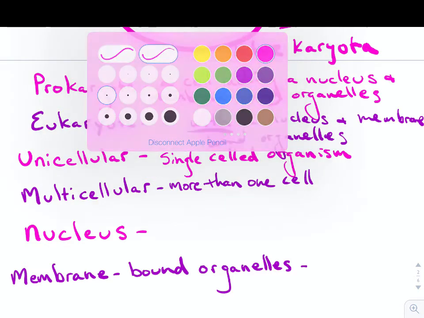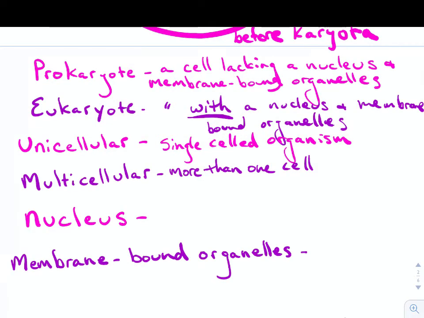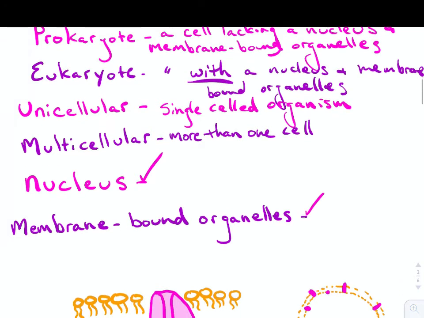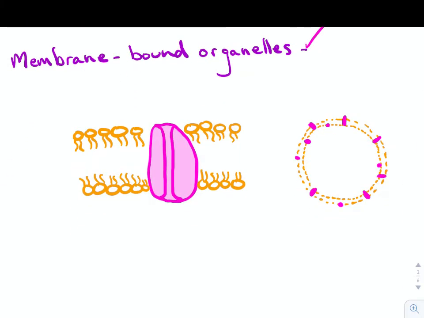So let's start looking at what we mean by our nucleus and membrane-bound organelles. Rather than giving a definition here, let's start looking at some diagrams. I want you to start off by thinking conceptually about a cell. Here is a membrane.